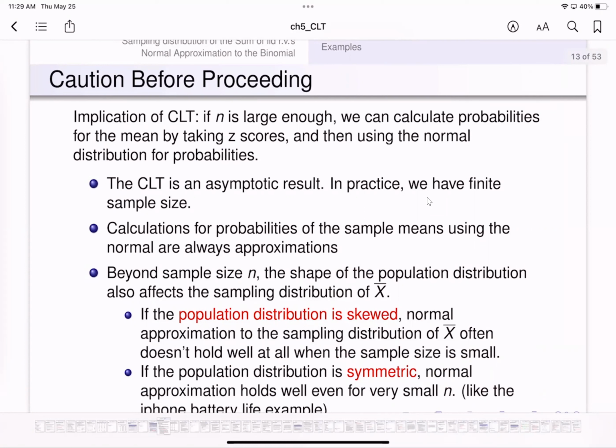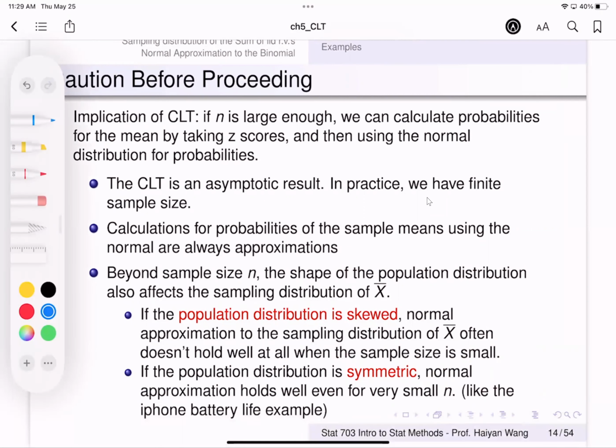The approximation may or may not do well depending on what the population distribution looks like. If the population distribution is highly skewed, so you have some large values on the right-hand side or on the left-hand side, then we will need n to be very large.